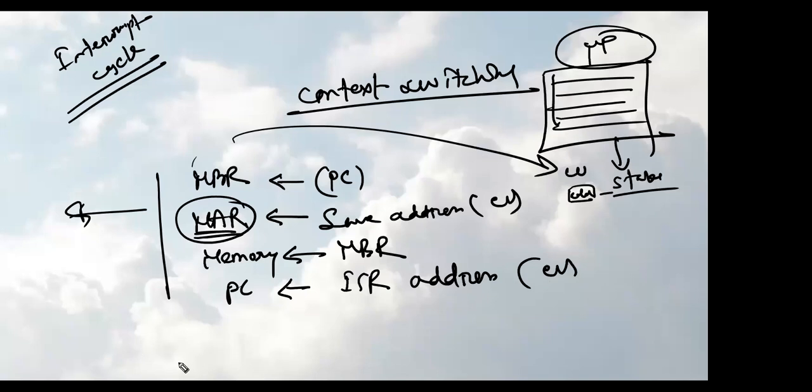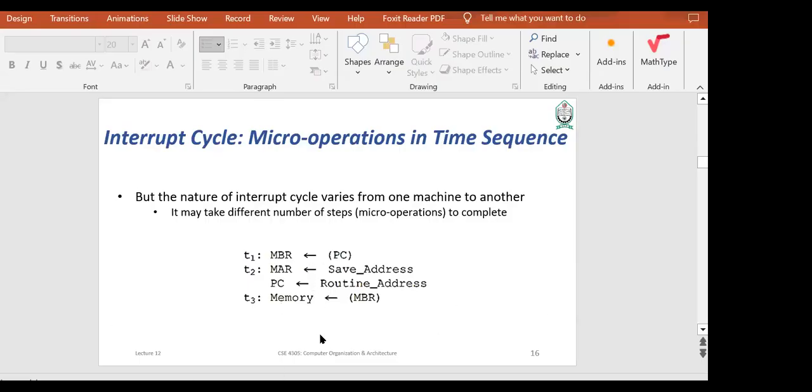And if any micro operations could be performed simultaneously, they could be grouped, if there is no dependency. And here, these are the three time steps and 4 steps.